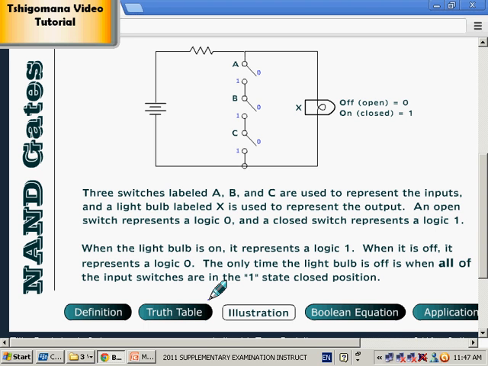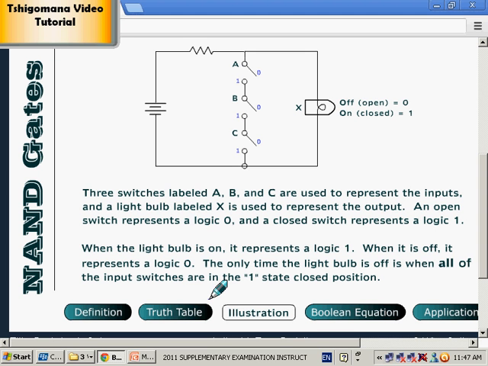When the light bulb is on, it represents a logic 1. When it is off, it represents a logic 0. Let me repeat this. When the light bulb is on, it represents a logic 1. When it is off, it represents a logic 0.